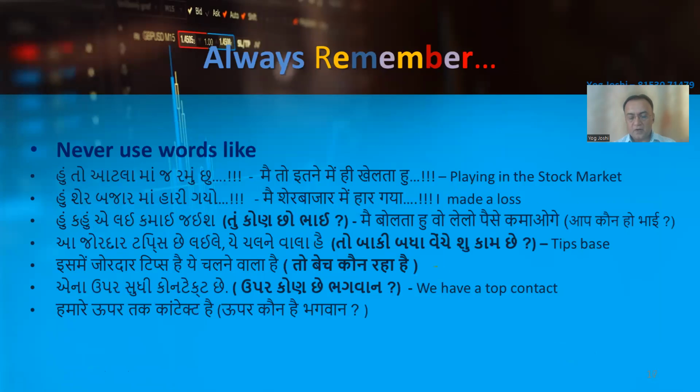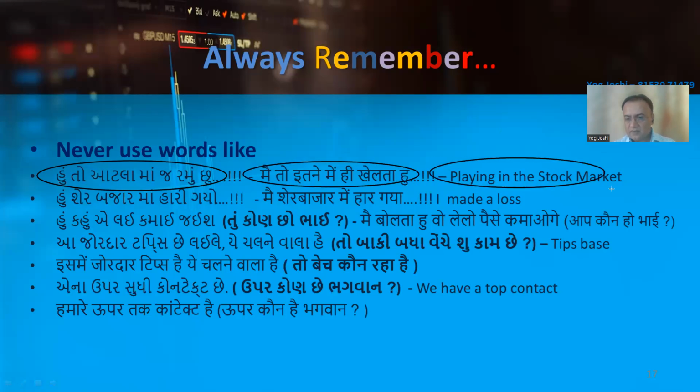Now this is a very important thing: what you should remember and what you should not remember. I am from Gujarat, India, so I write this in three languages: Gujarati, Hindi, and English. These are some guidelines.